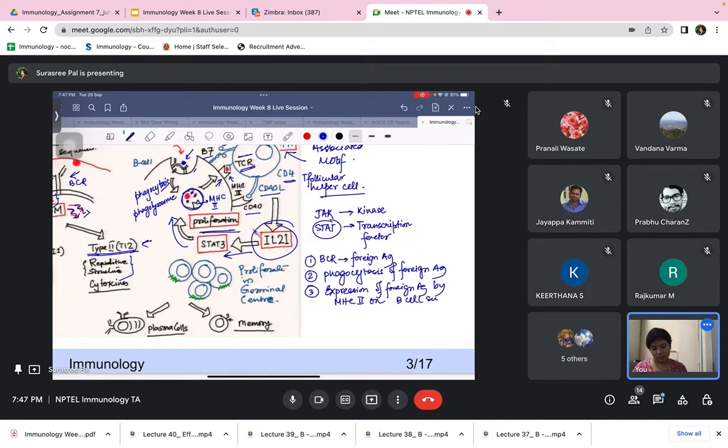Next is MHC class 2 TCR interaction, which helps in increased production of IL-21, and the IL-21 helps to induce the JAK-STAT signaling, which will further help the B cell to divide and proliferate.